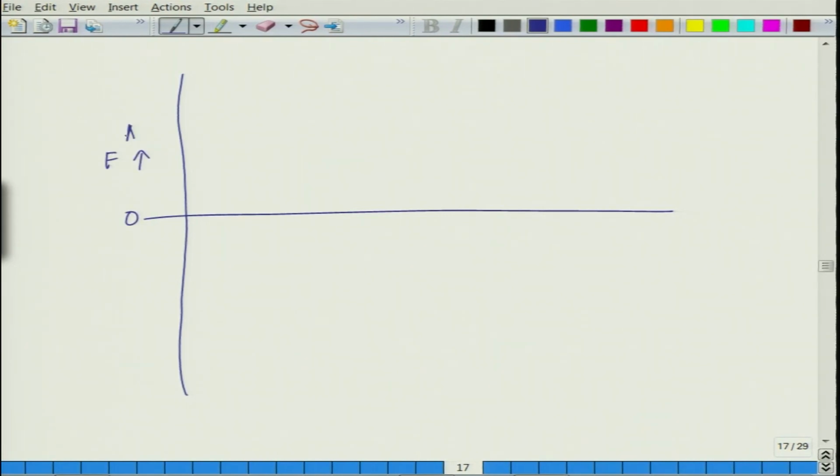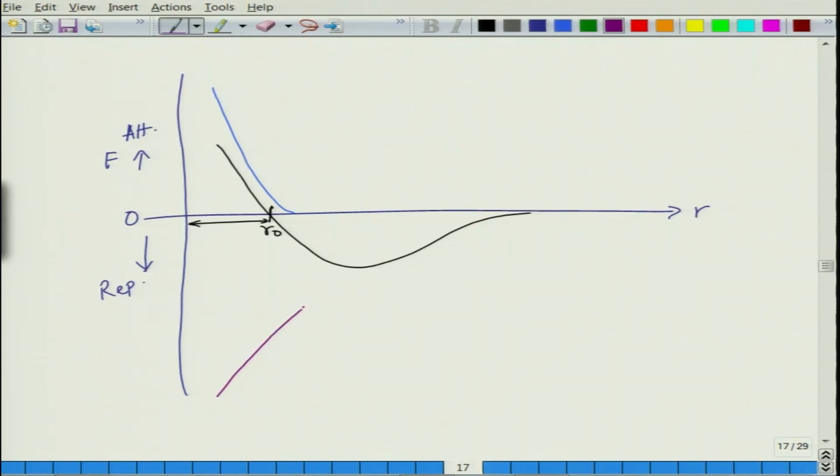So this is attractive, this is repulsive, this is r. So, now when you plot the, and this is the place where the force is equal to 0, and this is r naught, and if you plot the other two components of the forces, the repulsive forces will go something like this, and the attractive forces will continue to have this kind of shape.